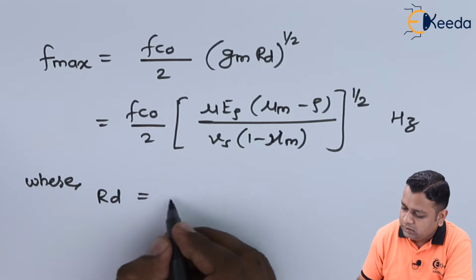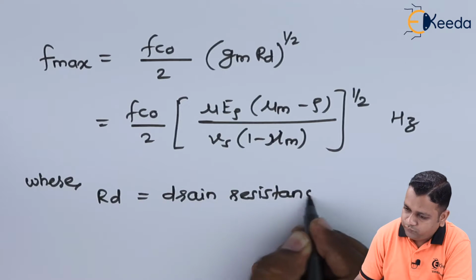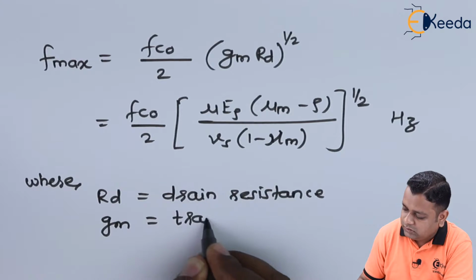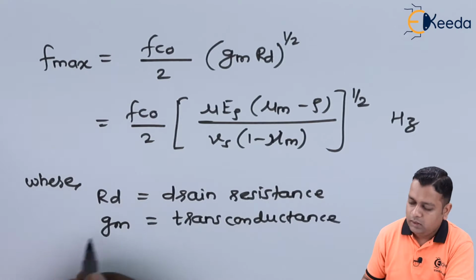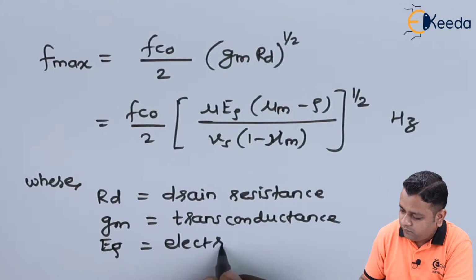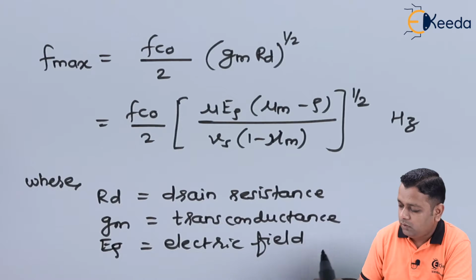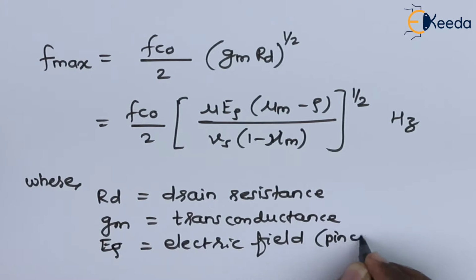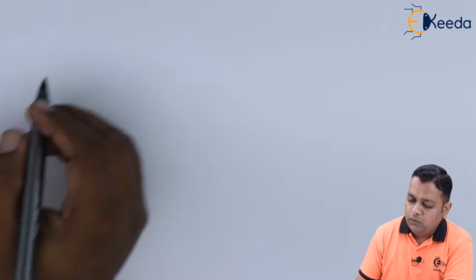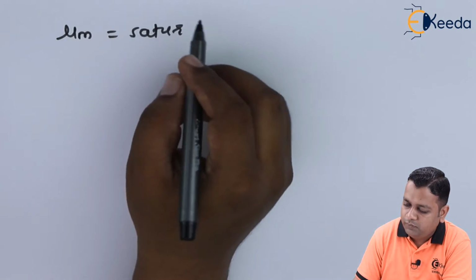R_D is the drain resistance. g_m is the device transconductance. E_rho is the electric field at the pinch off condition, so we must call it E_P. mu_m is the saturation normalization of u.